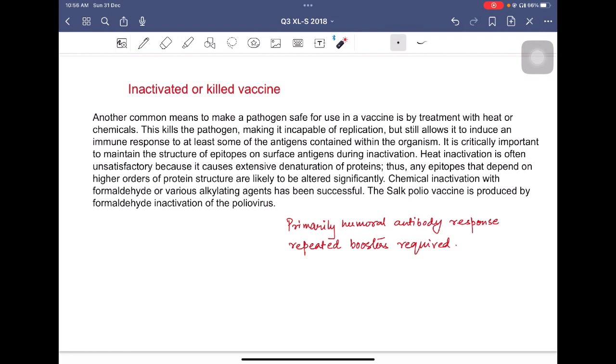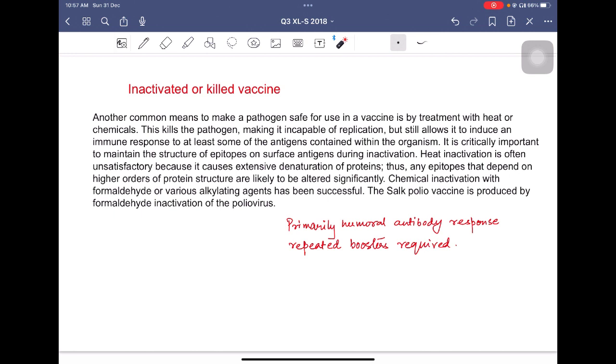Now, the Salk polio vaccine is a better vaccine than the Sabin polio vaccine. Why? Because the Salk polio vaccine is an inactivated virus. And since it is inactivated, it cannot revert to its virulent form inside the host, right? So, therefore, it has no chances of causing the disease.